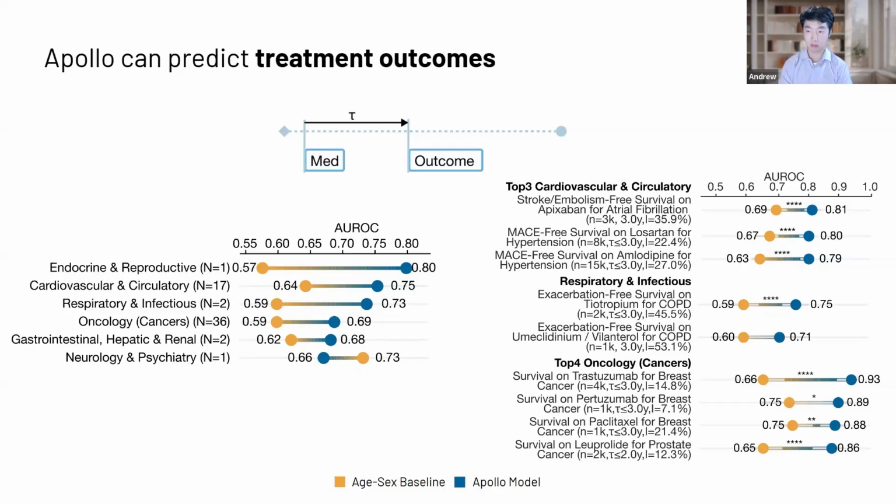But what this is showing is that the model is essentially learning to stratify patients generally using prognostic factors. So a lot of these are basically prognostic factors.